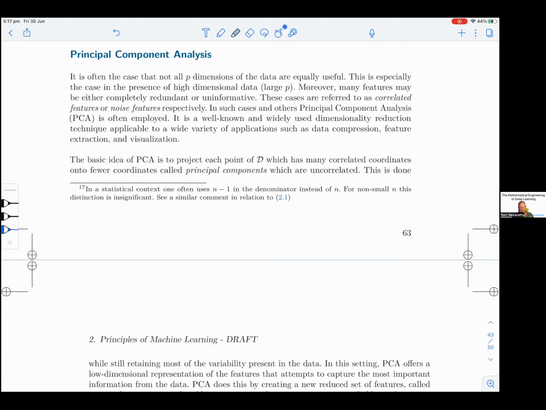Let's call them X tilde 1 through X tilde m. So we have fewer of the new ones. This can simply be represented as X tilde i being a linear combination of the p columns X1 through Xp, where the linear combination weights are v i1, v i2, ..., v ip.